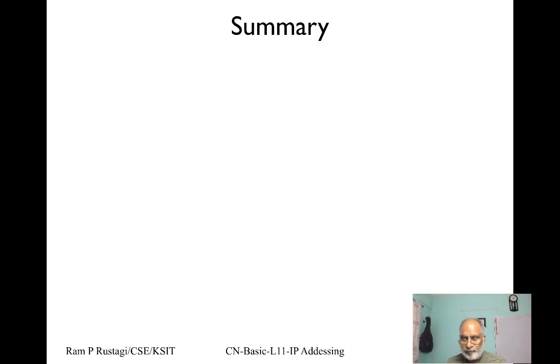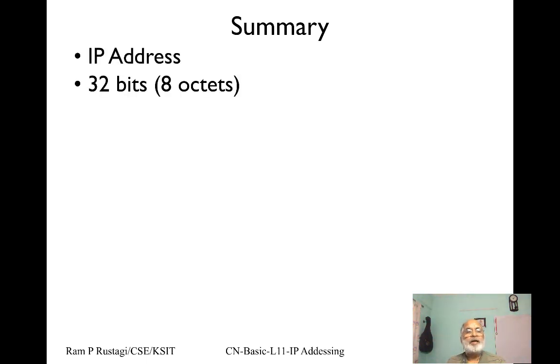Just to summarize, we basically discussed the IP address, which we said is 32 bits, or 8-bit octets. Sorry, it is wrong, not 8 octets, it is 4 octets. Let me just correct it.